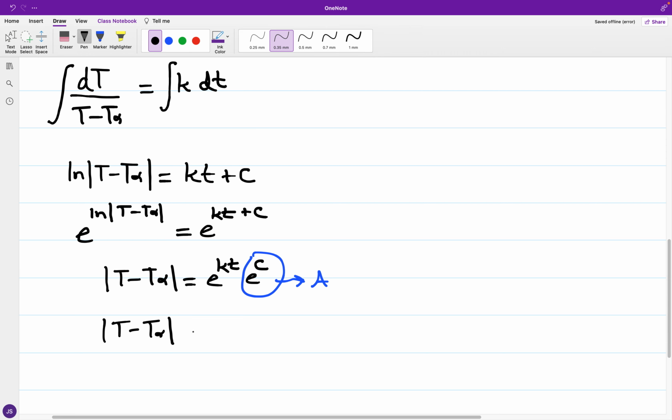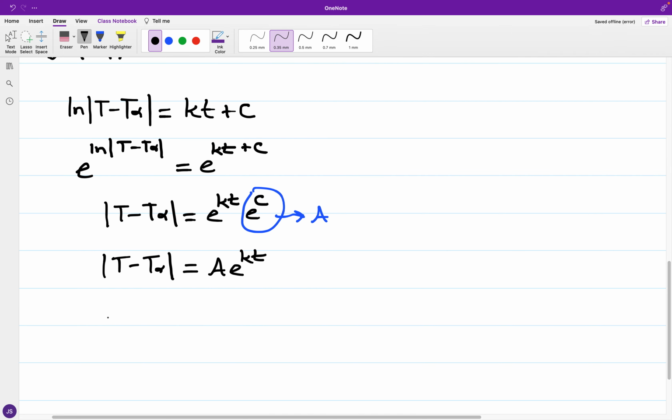So the absolute value of T minus T sub alpha is equal to A times e to the kt, taking care of the absolute value notation.